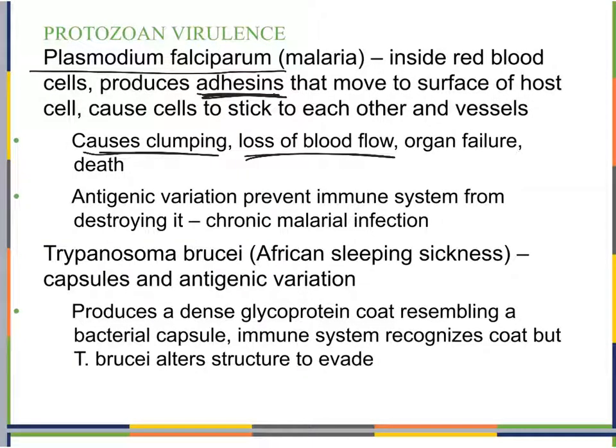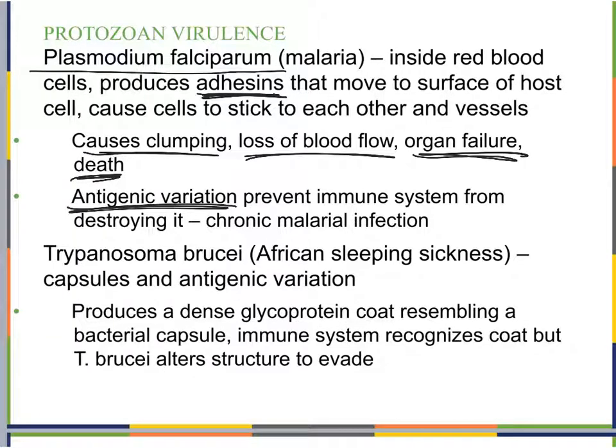We have our little nephrons that are going to be filtering out our blood, and they're very, very small capillaries. So if we have these big chunks, this clumping of the blood cells, as that clump goes through, it can get stuck and it can stop the blood flow. And so then we can end up having things like organ failure and then ultimately death because we're cutting off the blood flow and we start to kill our own host cells.